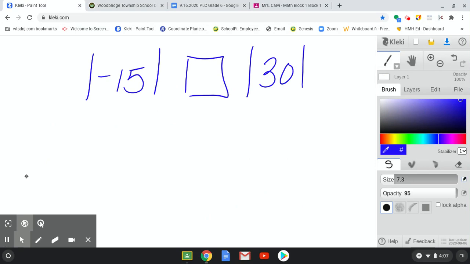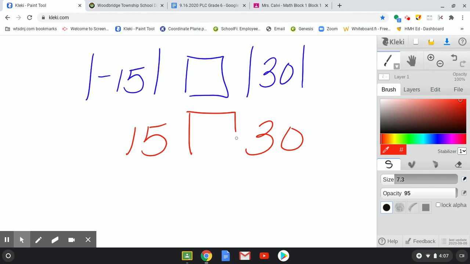So now if they want you to compare, here this is comparing the absolute value of -15 compared to the absolute value of 30. Before you put a less than or greater than sign in there, the first thing you should do is you need to put what these are equal to. So the absolute value of -15 is 15, and the absolute value of 30 is 30.